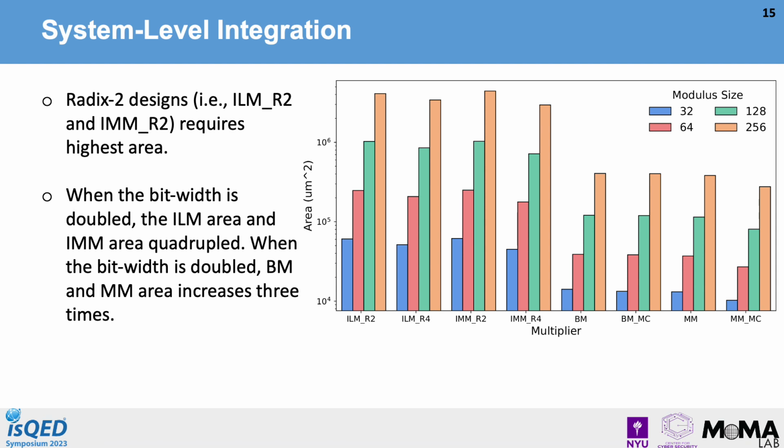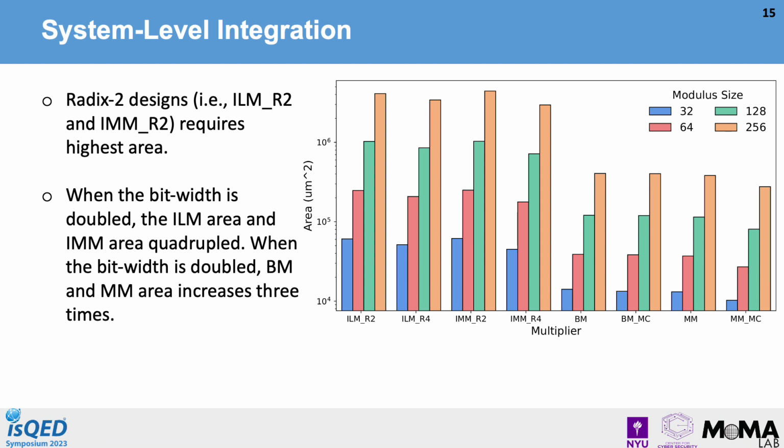Using this system level integration, we have run all the 8 variants of different modular size. We have measured area and power for these designs. This figure shows area for different multipliers. We observe that Radix 2 design require highest area, which is actually opposite to what we have seen in block level analysis.